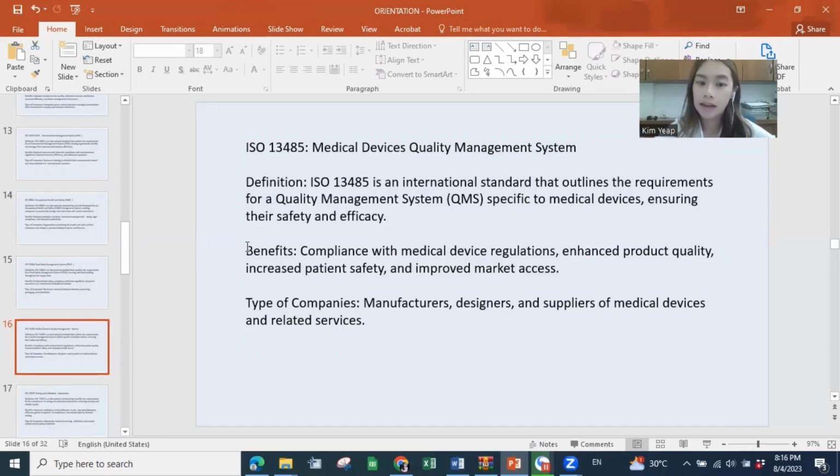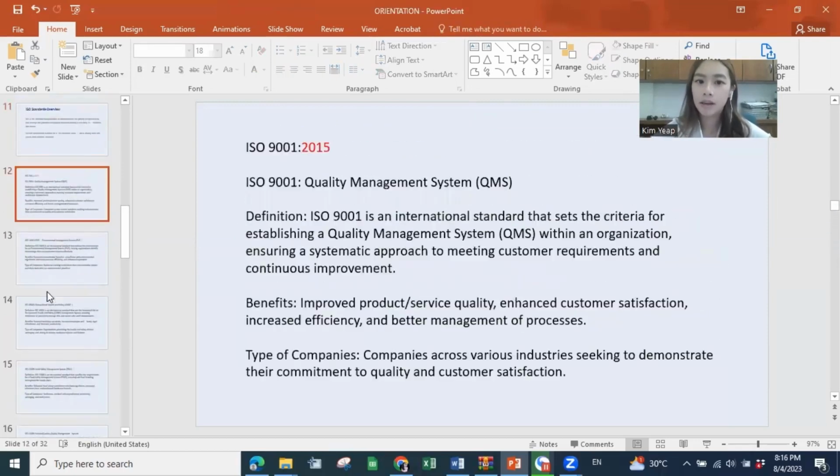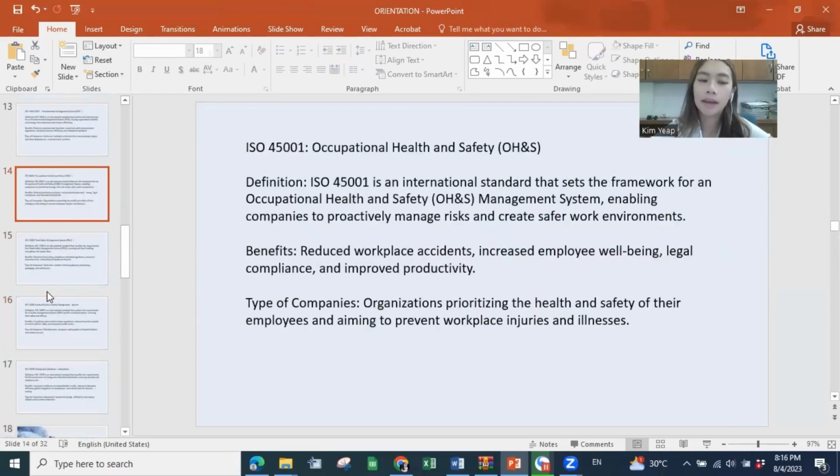Okay, so you can actually go through the benefits over here. Then I want to talk a little bit about improved market access. Just now, still remember I mentioned a standard where, in case you don't have it, it's fine.